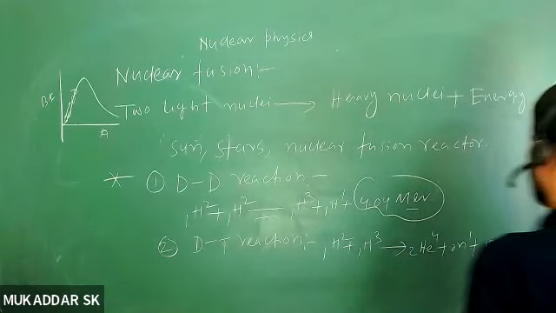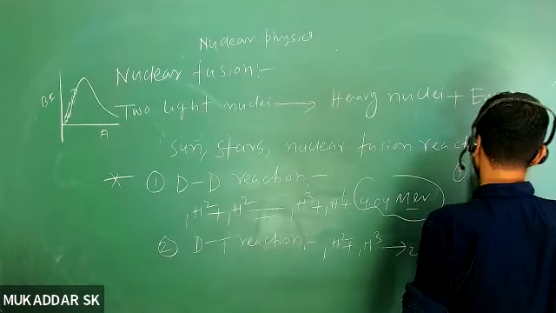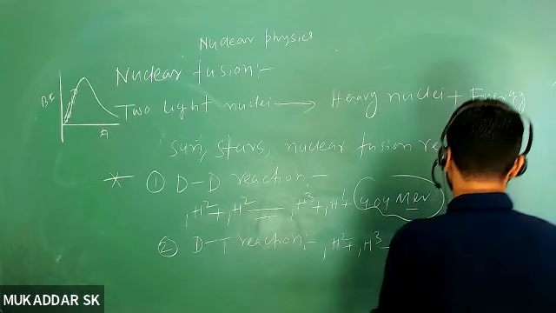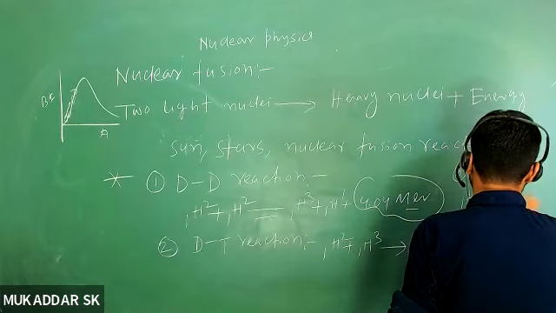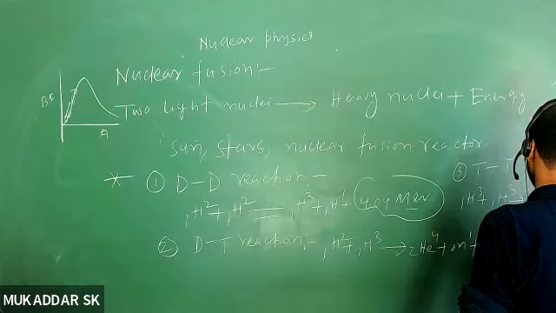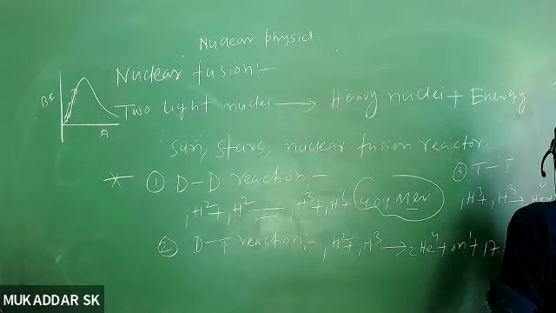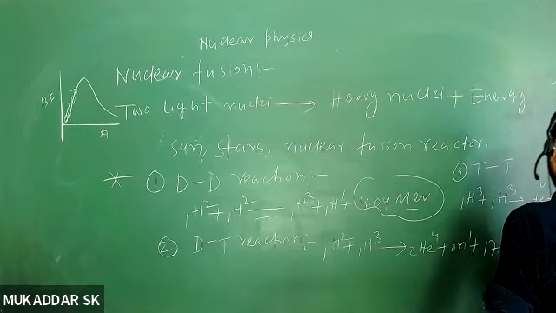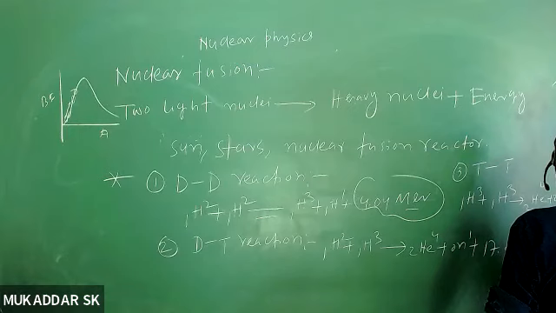Another reaction is the tritium reaction. One 1H3 tritium combines with another, and it will produce 2He4 plus 2 neutrons, with emission of 11.3 mega electron volt energy.